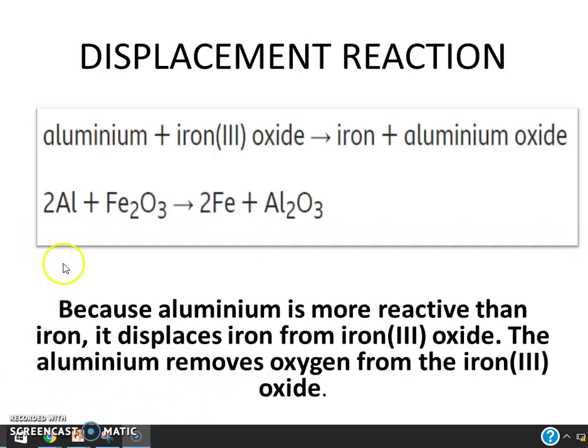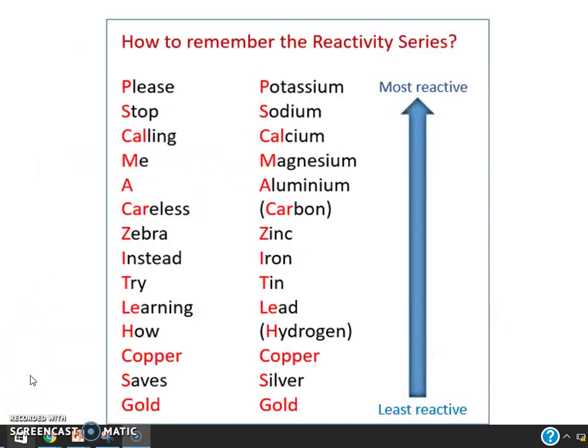And this is one example of a displacement reaction. When we add aluminium to iron oxide, we will have iron and aluminium oxide. Can you see aluminium is displacing iron from its oxide and produces aluminium oxide? Now we will look into the reactivity series to know which of these metals is more reactive.